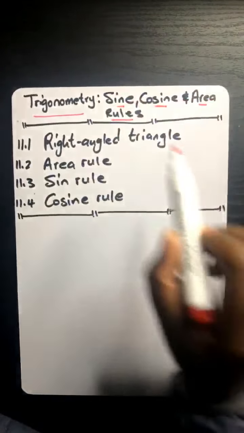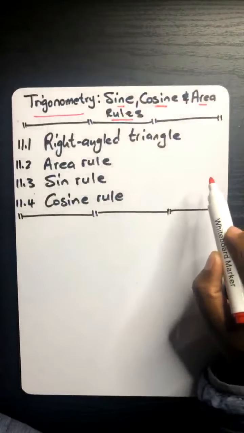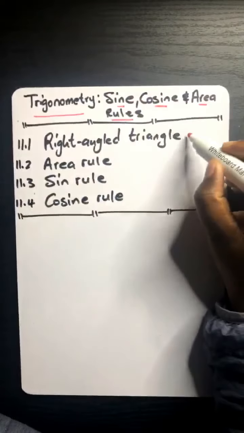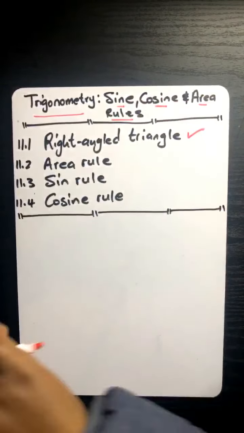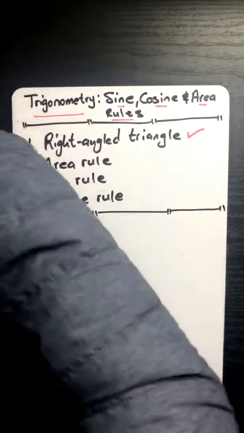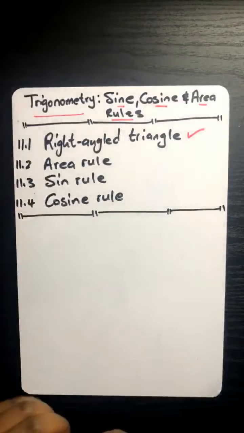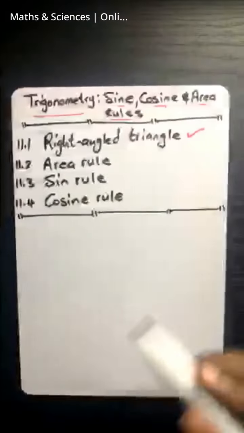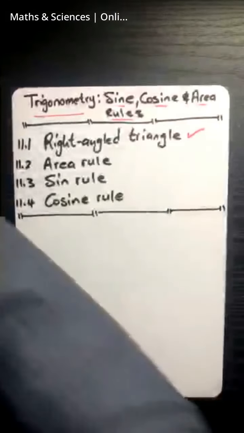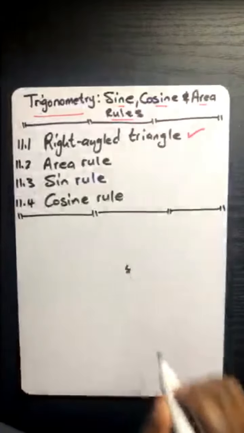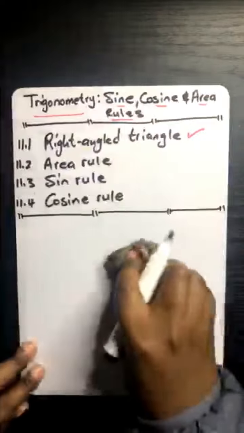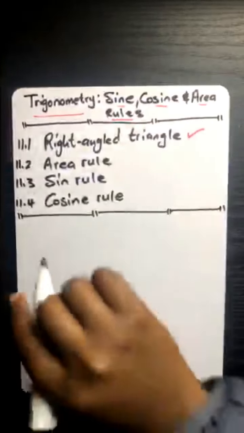But before we get to those three rules, I would like to quickly take you through a revision regarding a right-angled triangle. I just noticed some of you are joining my lessons for the very first time, and I'm hoping you will enjoy today's lesson. So just so that we don't leave everyone behind, I'm going to quickly take you through a very short revision on a triangle.